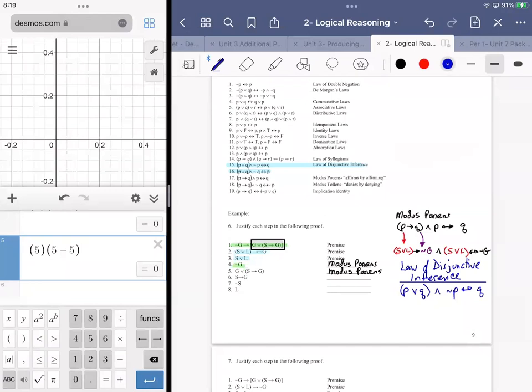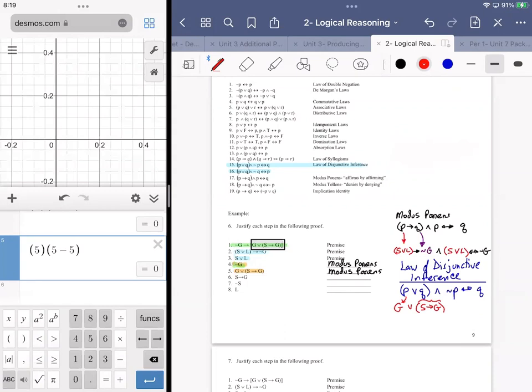But in this case, if I look at my conclusion in 5 and compare it with 4, you see I have G or S implies G. So G is taking on the role of P, and S implies G is taking on the role of Q. Right?